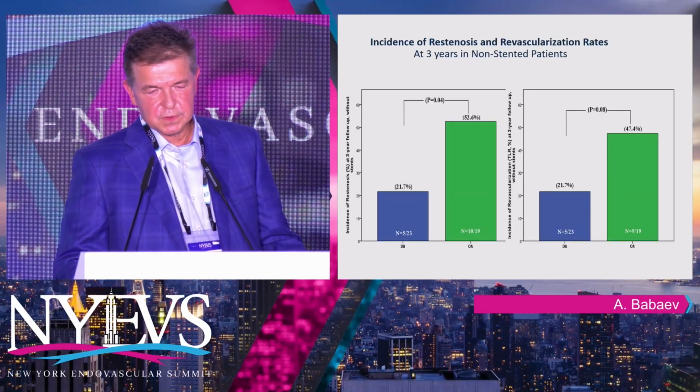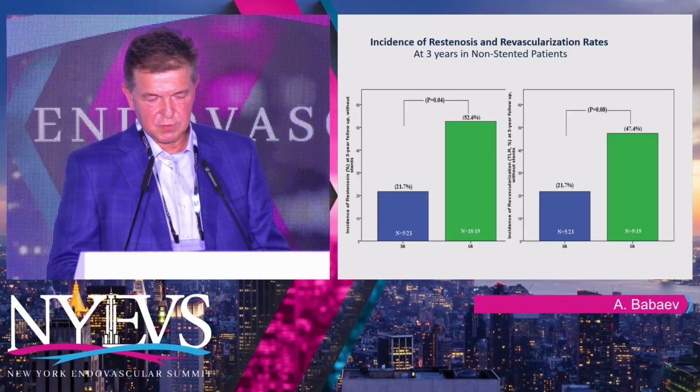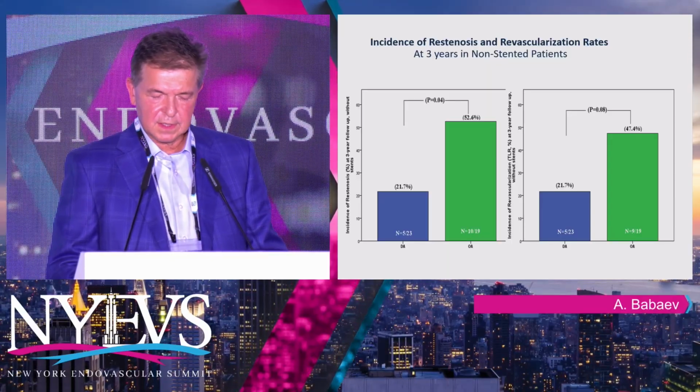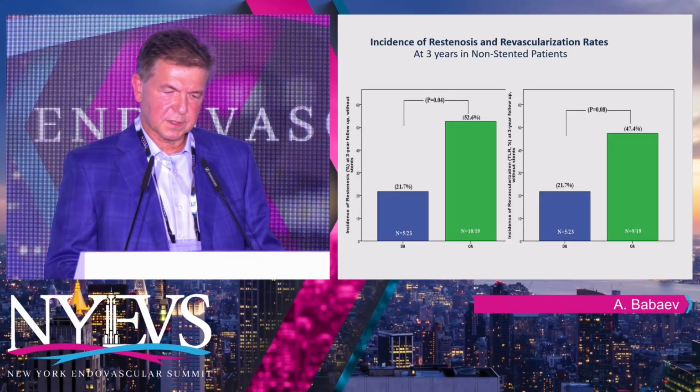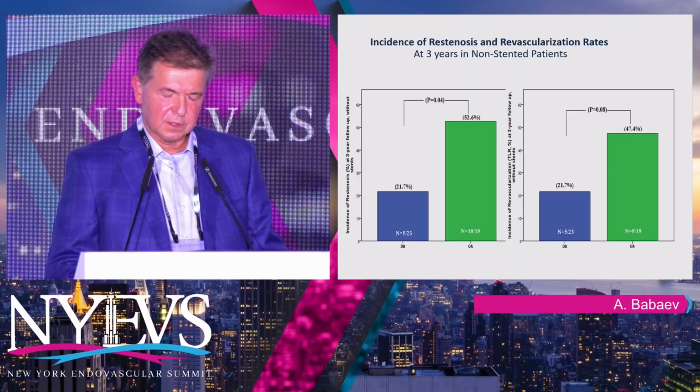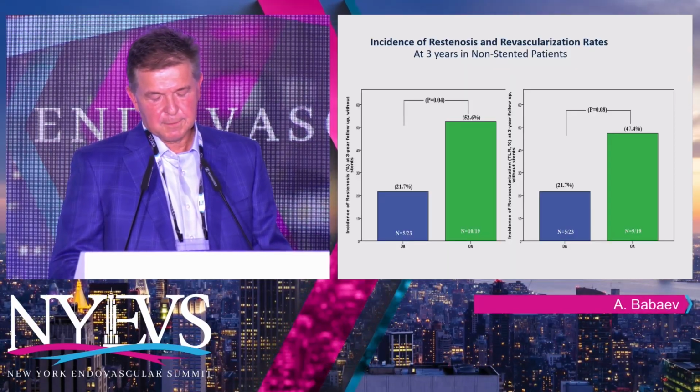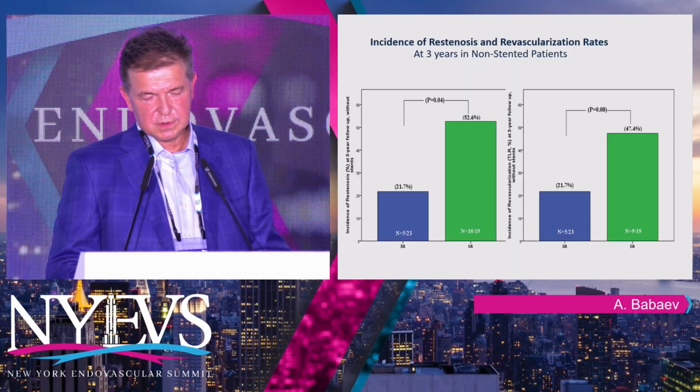For the incidence of restenosis and revascularization rates at 3 years, the analysis showed a significant reduction in restenosis rate in the arm treated with directional atherectomy, as well as a trend toward reduction in revascularization rates. This is all in non-stented patients treated with directional atherectomy.